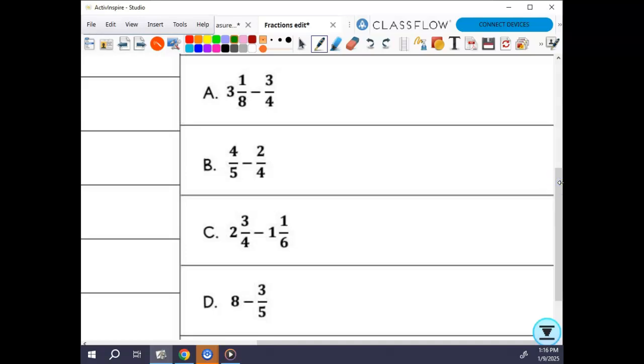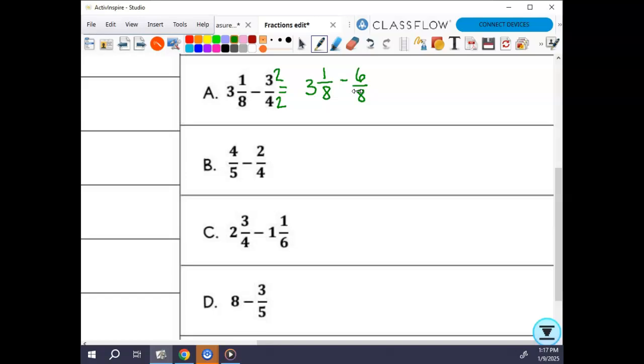All right, so again, we have a mixed number and a fraction like we just did. So that's fine. What would my common denominator of the fractions be? 8. So I'm going to multiply this by 2 and 2 here. So 3 1/8 minus 6/8.